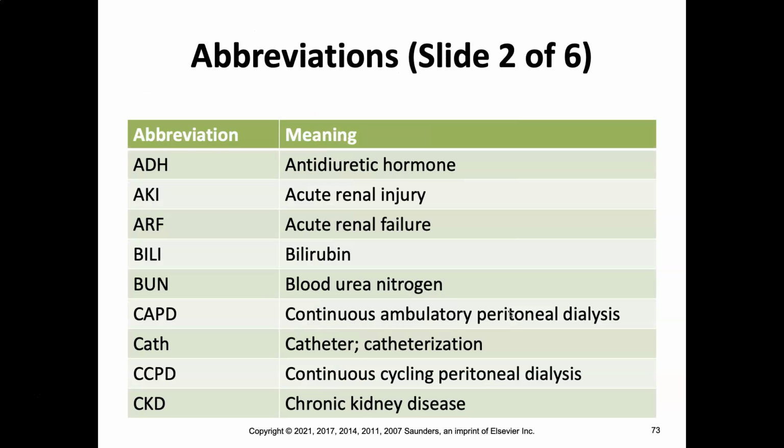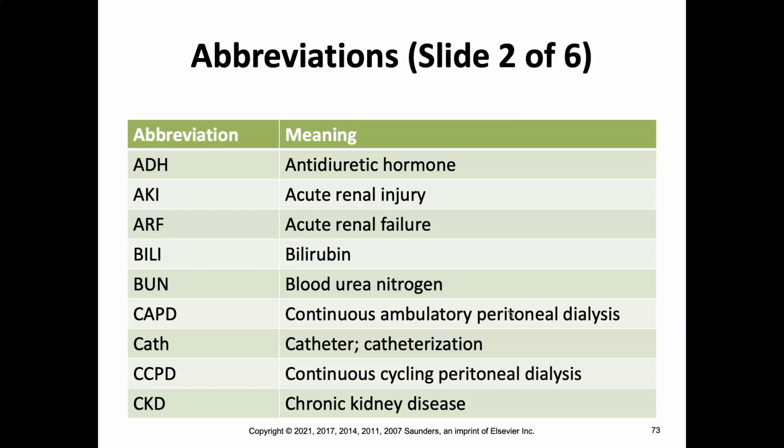So abbreviations, what have we got? Lots and lots of abbreviations. CKD is a very common one. We already talked about BUN, but CKD is very common. ARF, be very careful with ARF because some people use it for acute respiratory failure and other people use it for acute renal failure.